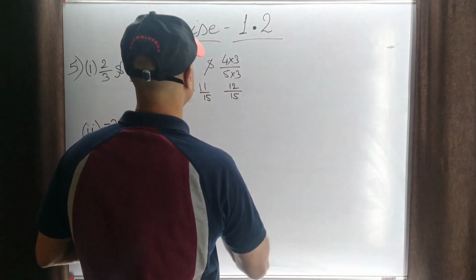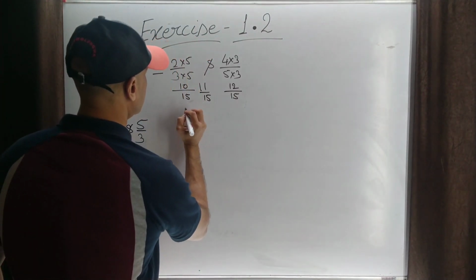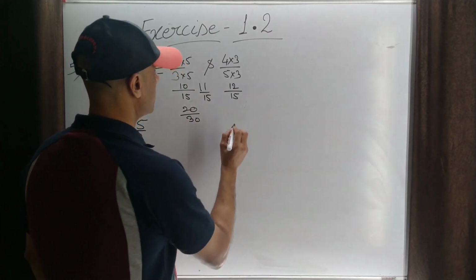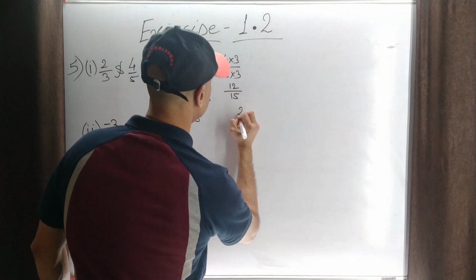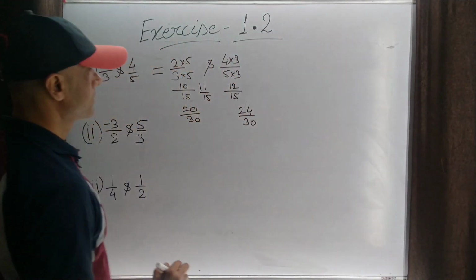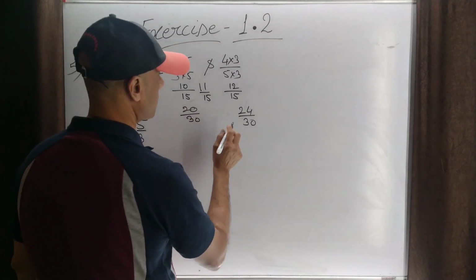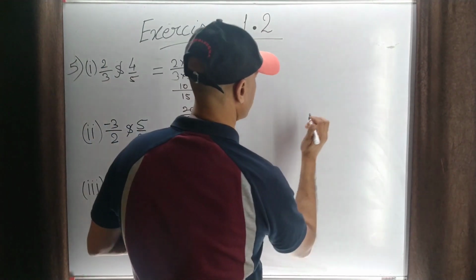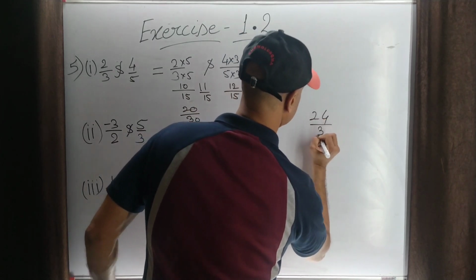So in this case this will become 20 by 30, and this will become 24 by 30. Let's find numbers between 20 by 30 and 24 by 30.